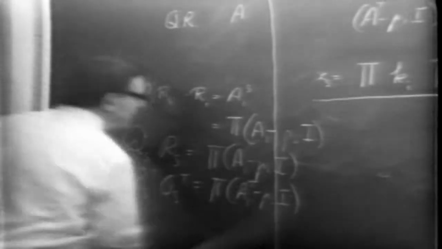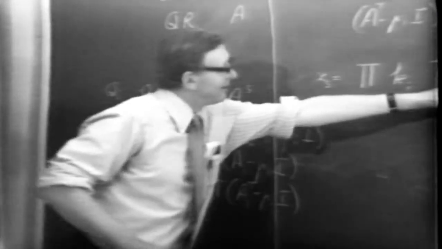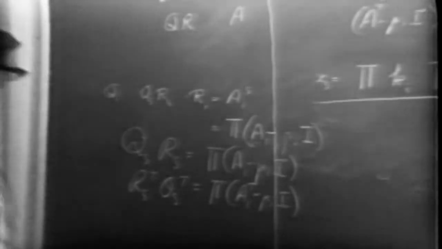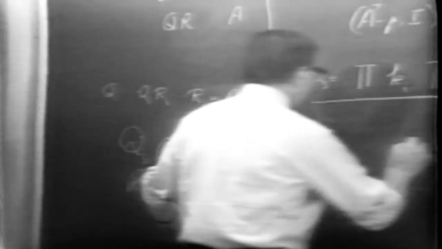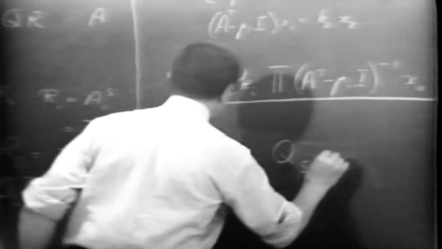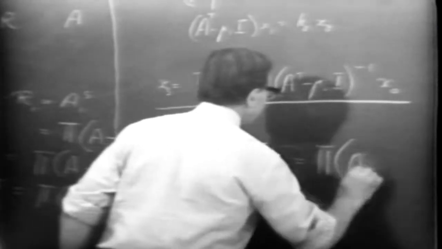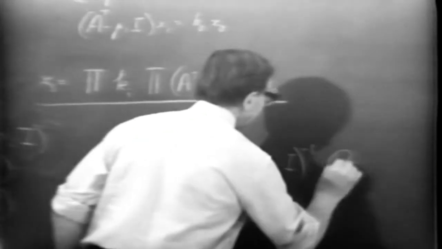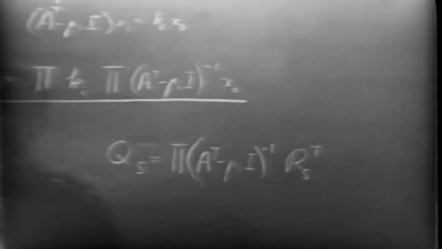And of course A1 is nothing other than A. There's no other thing but A in this. And I can write that as QS is equal to the product of (AT minus pi I) to the minus 1 times RST. Yes, just that.